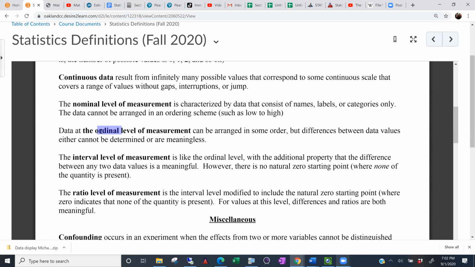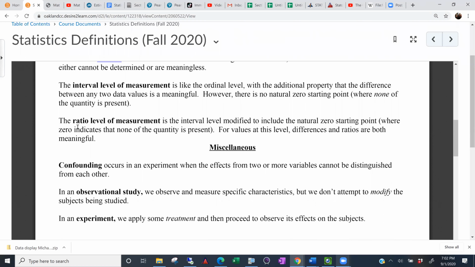It's more than just names. Now beyond that, it gets a little bit murky in these next two. Interval data and ratio data refer to continuous data. Interval data is data where you can subtract things and the difference between values is meaningful, but there's no natural zero or starting point.